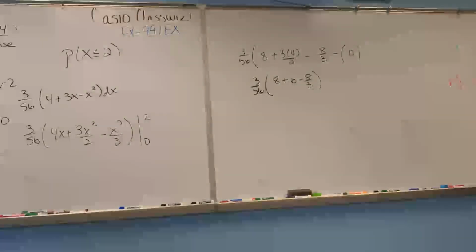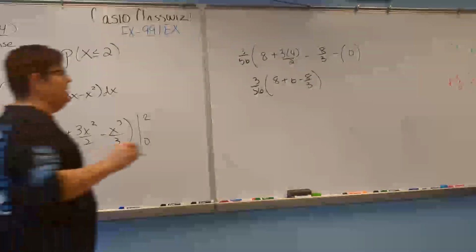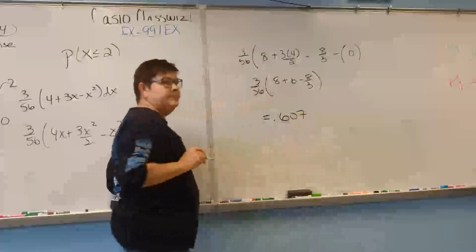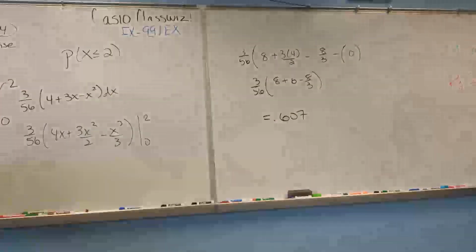All right, what are you getting? Anybody getting an answer? 17 over 28. Which, when you put that in, what do you get for a decimal? 0.607. That's what they're getting.